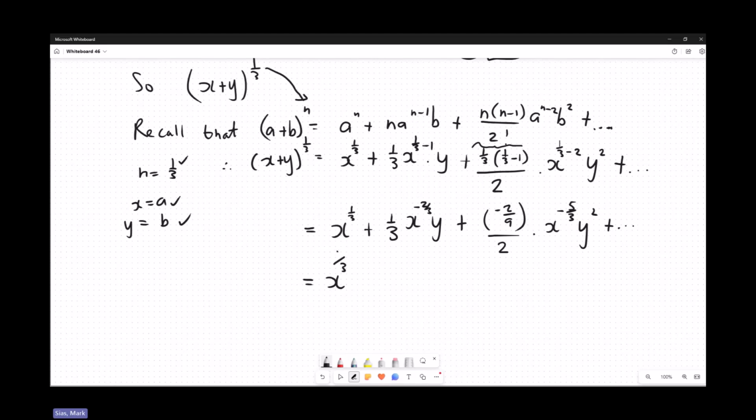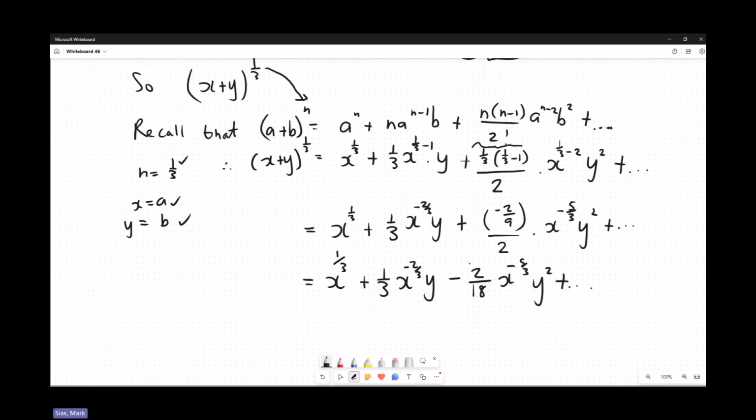x to the a third, sorry, x to the a third, plus a third x to the minus 2/3 y. And now here I can drop that 9 in the denominator and multiply it with the 2 in the numerator: minus 2, 9 times 2 is 18, so we bring that 9 down to multiply by 2, times x to the minus 5/3 y squared, plus.